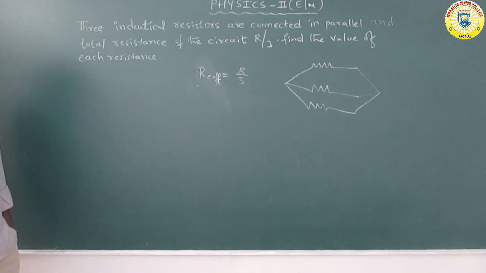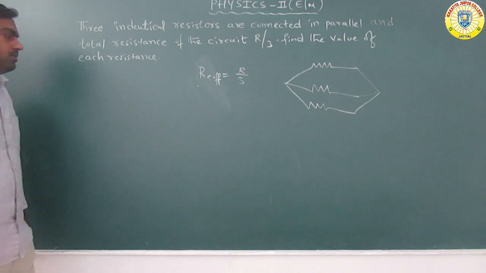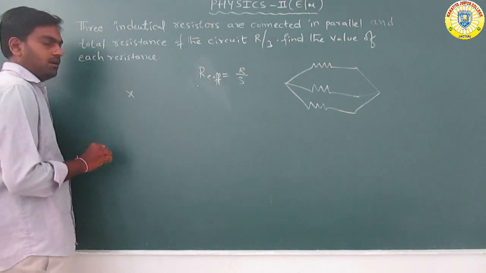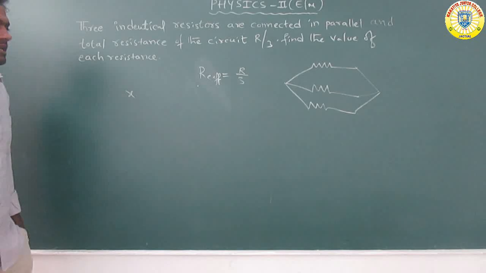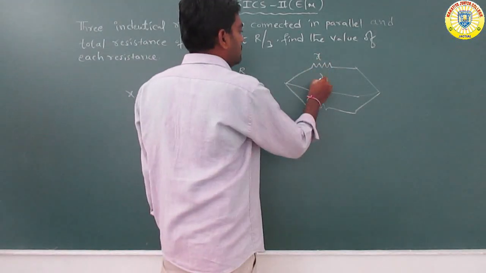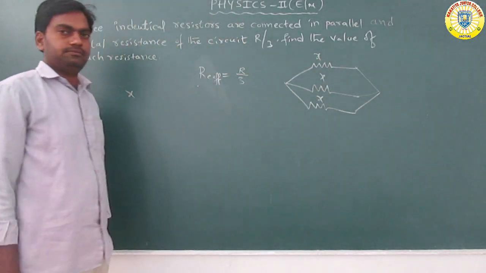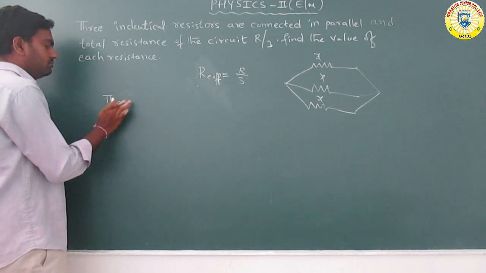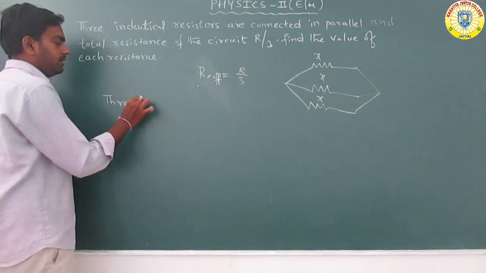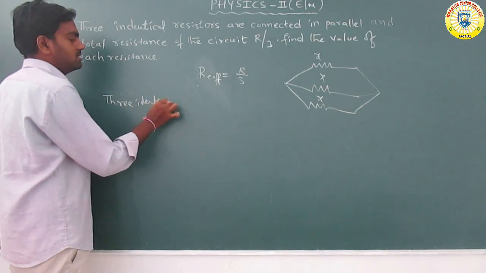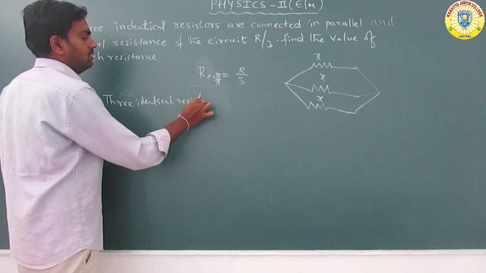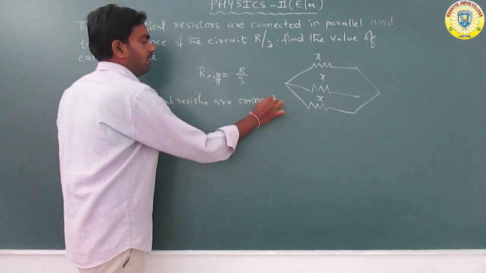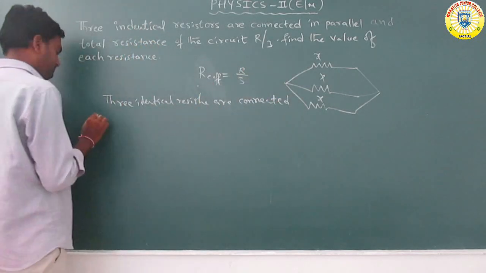Okay. So three identical resistors are connected in parallel. Now, we say identical resistors, say for example X, so each is X. This is called three identical resistors connected in parallel.